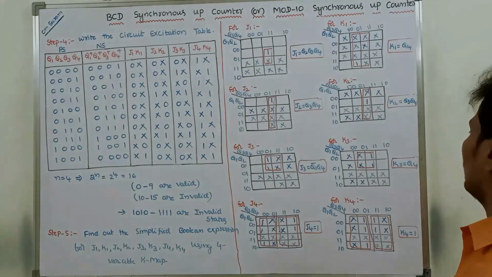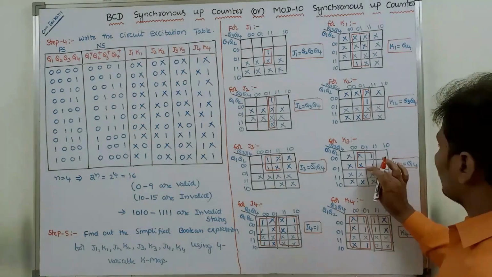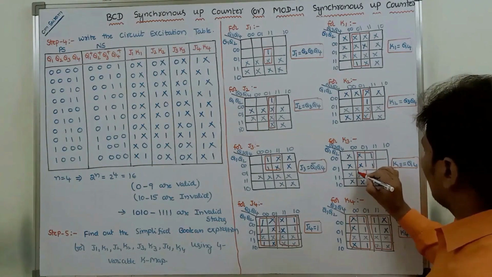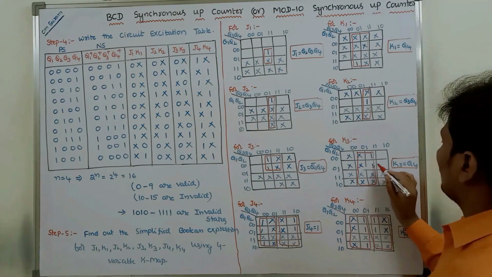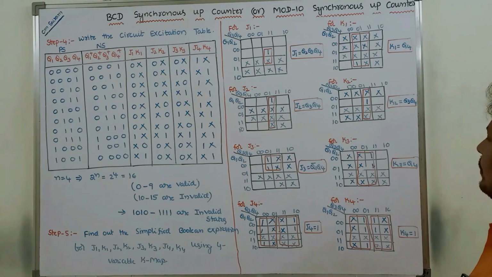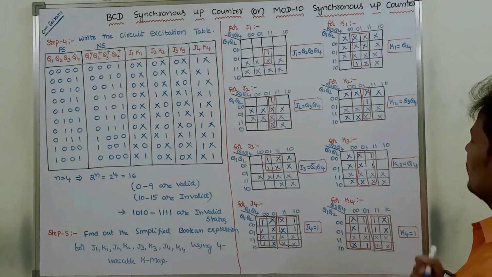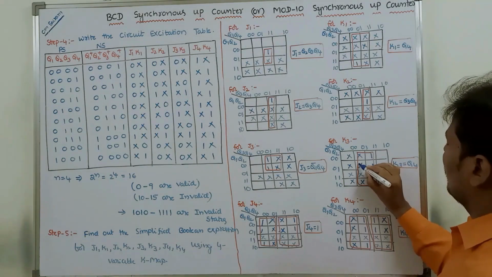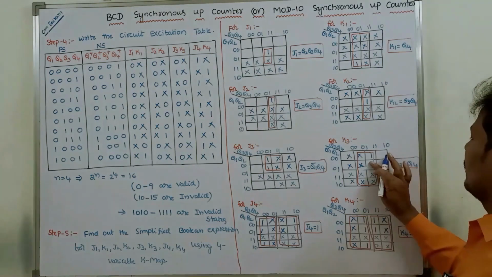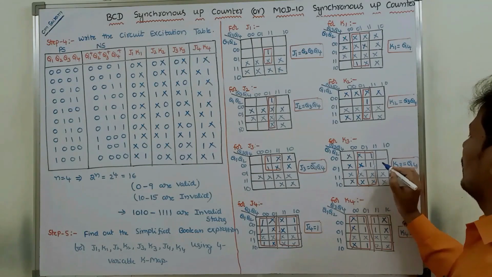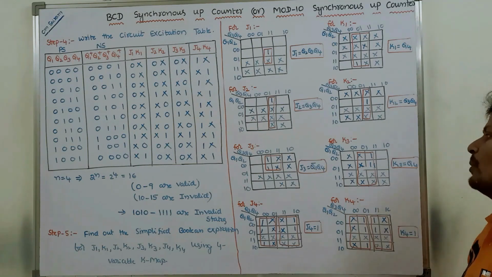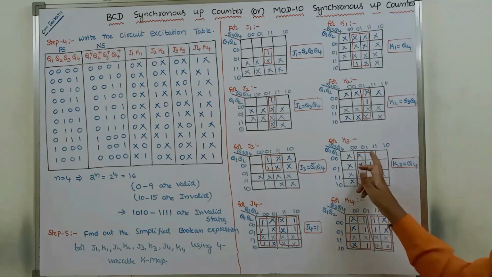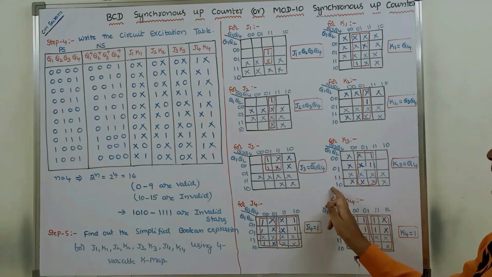So 8 and 9 are don't cares. Here they can be formed as an oct. For this oct, the horizontal side contains a combination of zeros and ones.